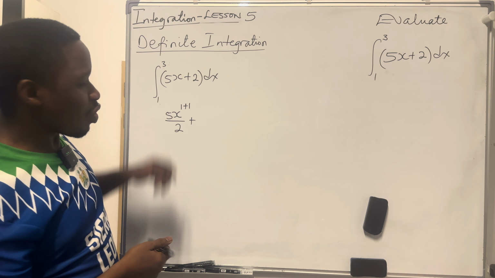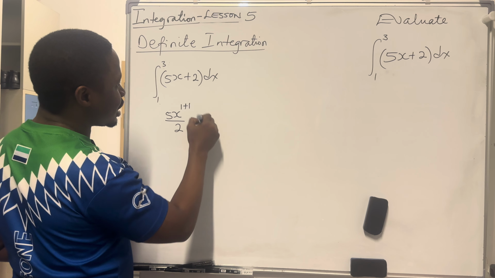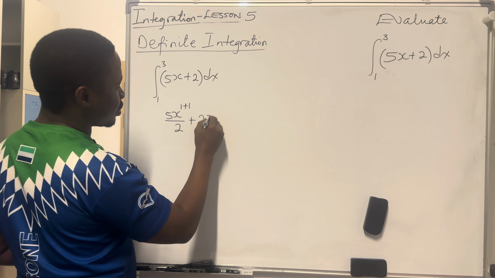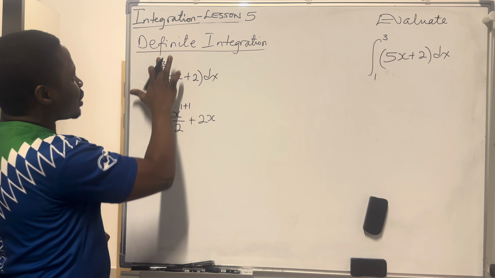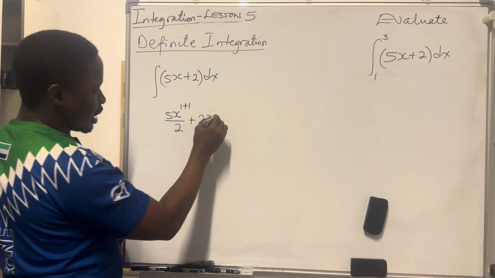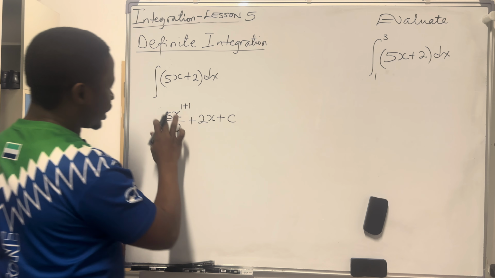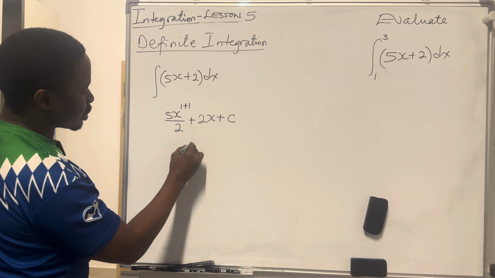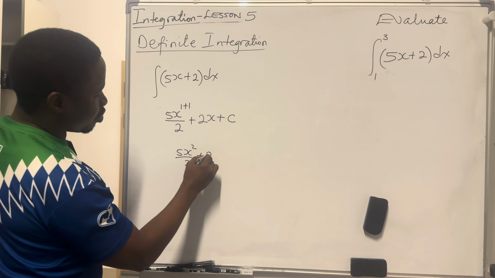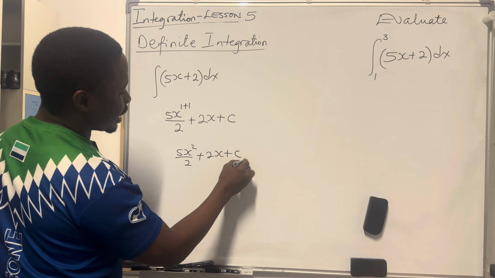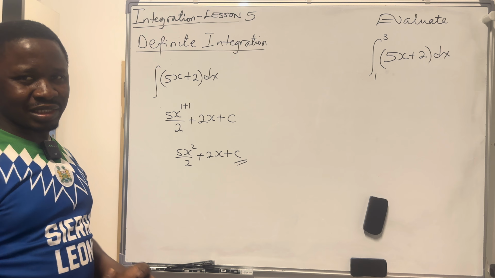So integrating a constant term, simply give it this variable. What if there were no limit? We say plus c, then this will become 5x squared over 2 plus 2x plus c. This would have been the final answer.